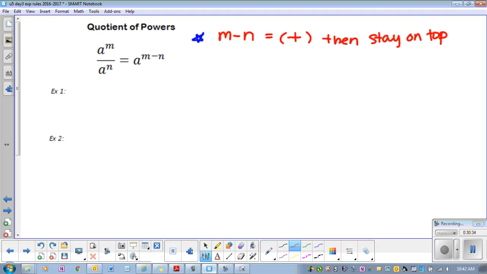However, if you subtract m minus n and say you get a negative number, then put it on the bottom and make it positive.